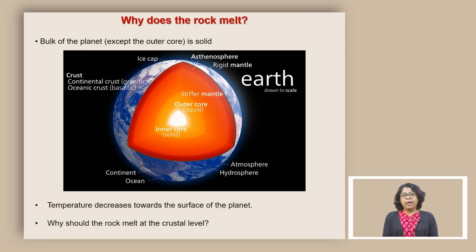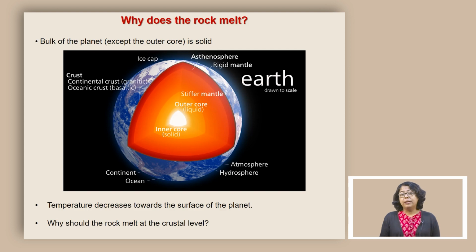Now, if we look at the structure of the Earth and how thick each of these layers is, it becomes very clear that the crust is very thin, and the mantle and core contribute most of the thickness of the Earth's structure.